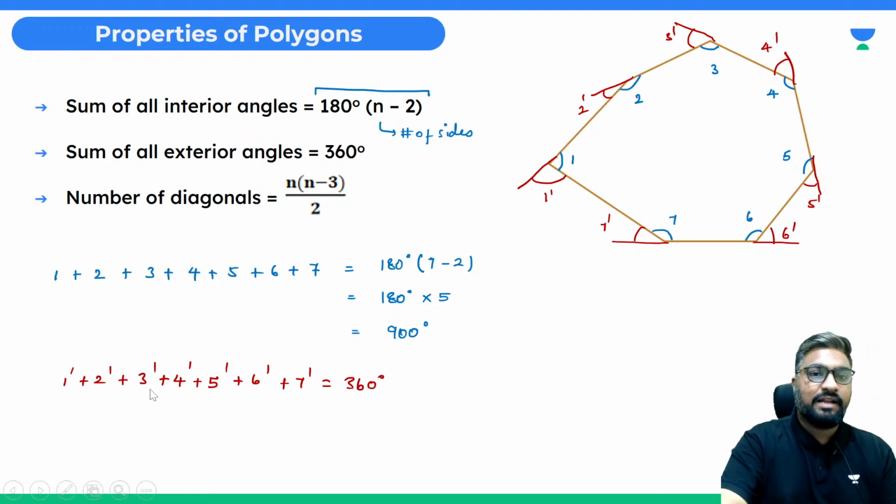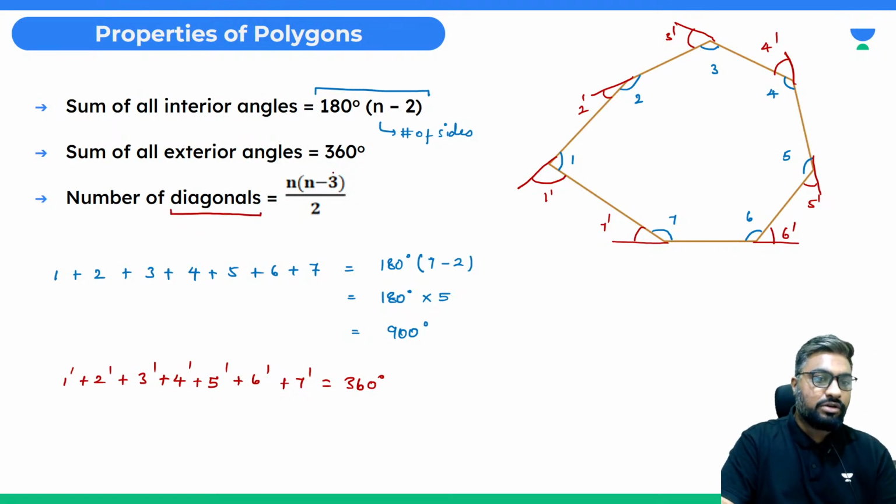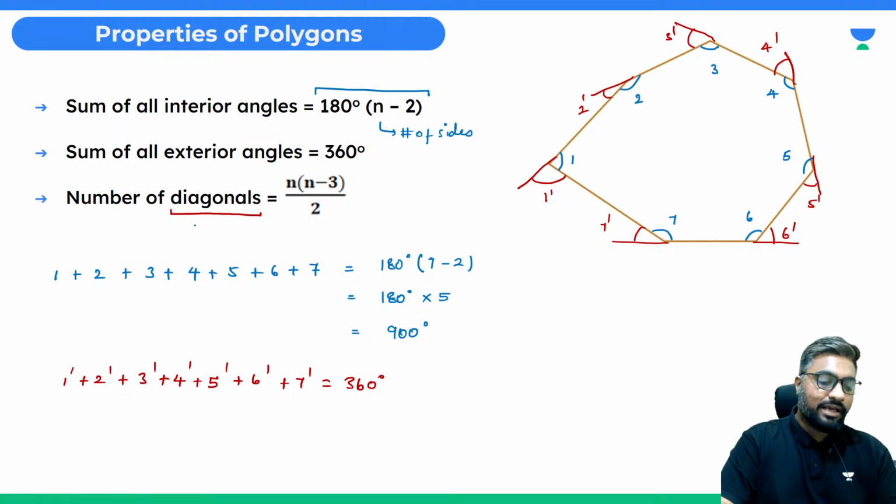Okay, and the number of diagonals it could have will be equal to n into n minus 3 by 2. Yes, the number of diagonals. So what is a diagonal, guys? A diagonal is a line joining 2 points which are not adjacent to each other.